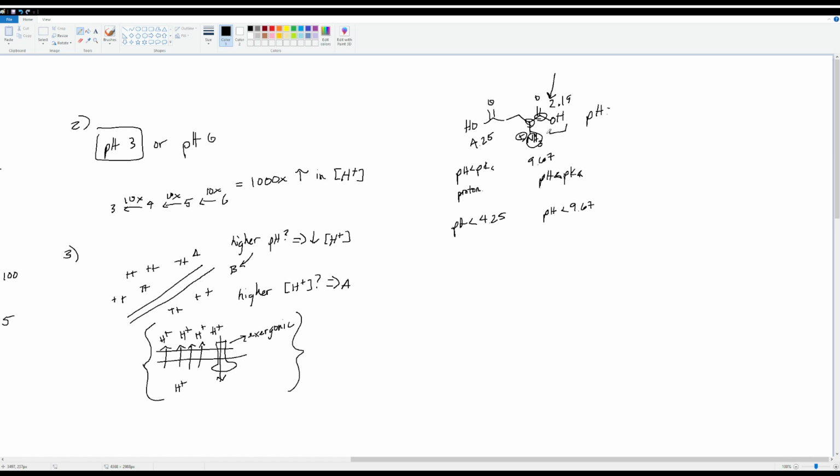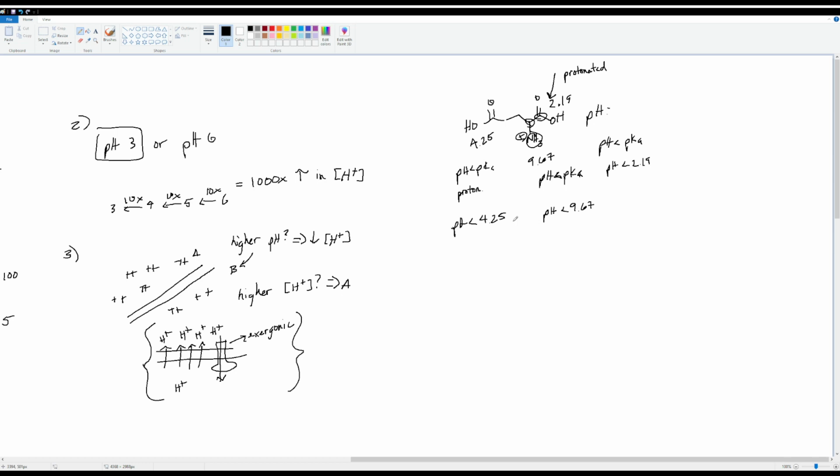So we have our hydrogen attached to our carboxyl group, so this is protonated. And if this is protonated, what must be true of my pH? Does it need to be less than, equal to, or greater than the pKa? pH needs to be less than pKa. Nice. And so that means our pH needs to be less than 2.19.